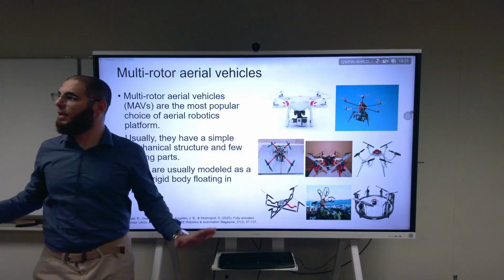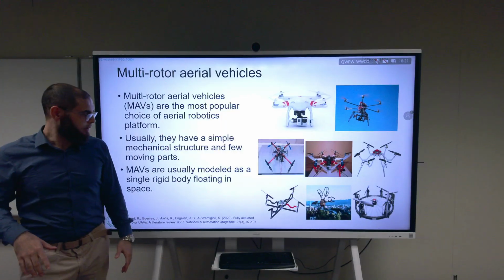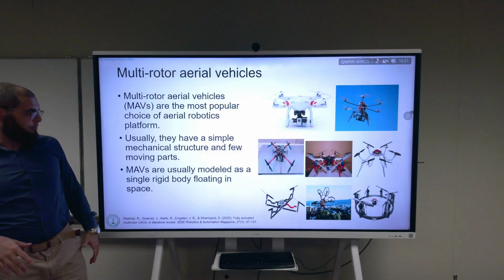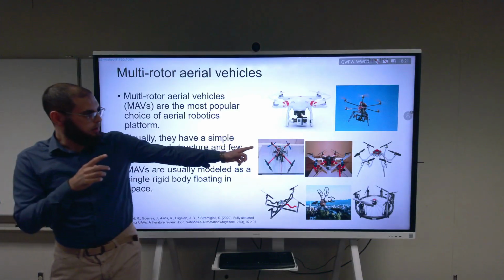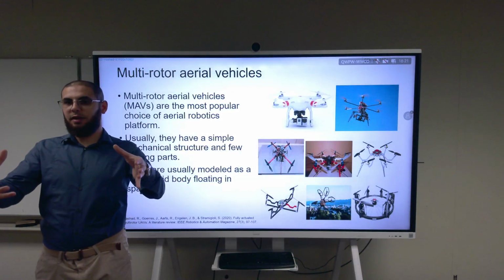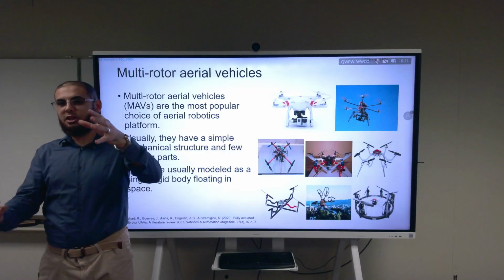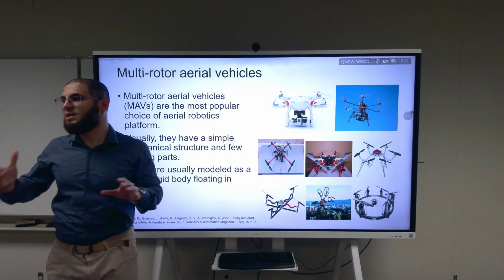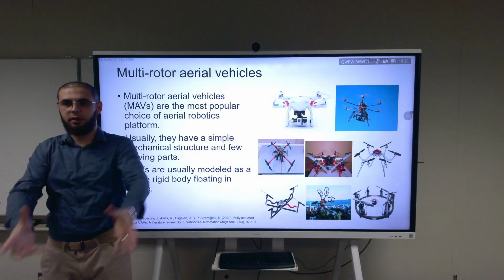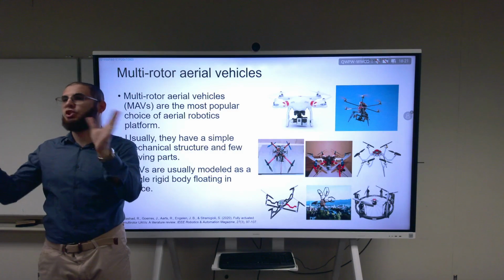So any bachelor student can understand that. When we have this drone, this MAV, and we have all of these rotating propellers, we never think of it as actually a multi-body system. We always think about it that it's just one rigid body floating, and all of the propellers, their inertia is just negligible.